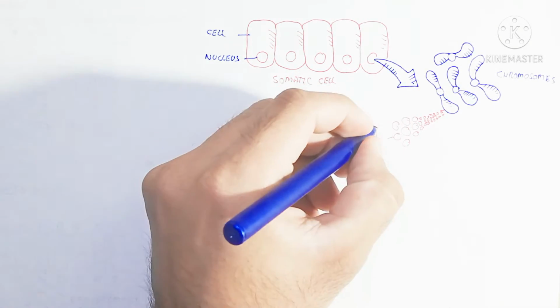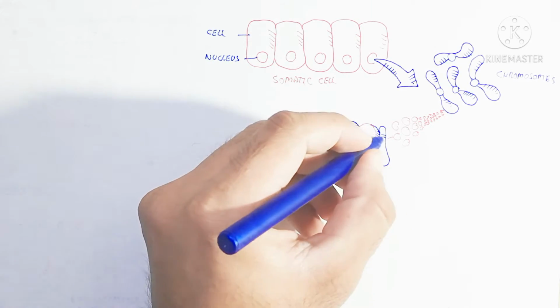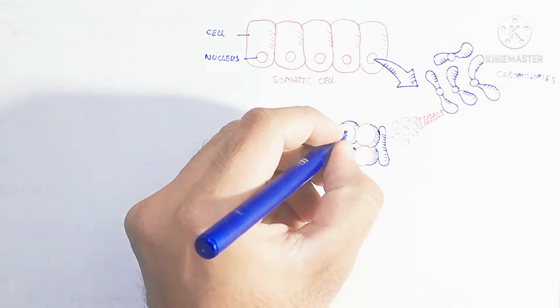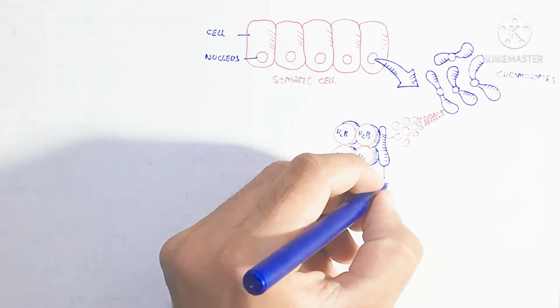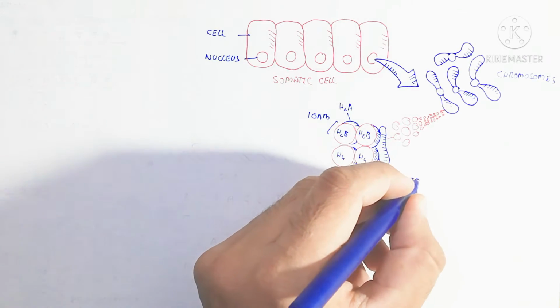The octamer of histone protein has subunits H2A, H2B, H3 and H4, as well as H1, which are monomers, and the whole diagram is known as the nucleosome.